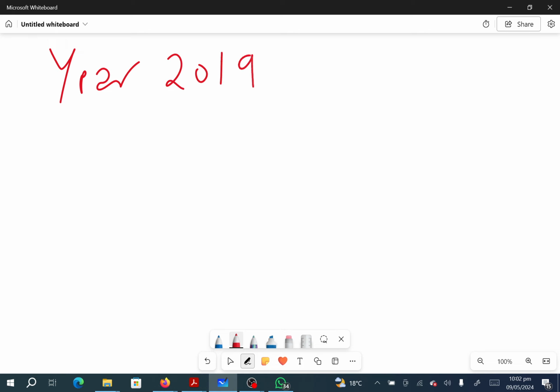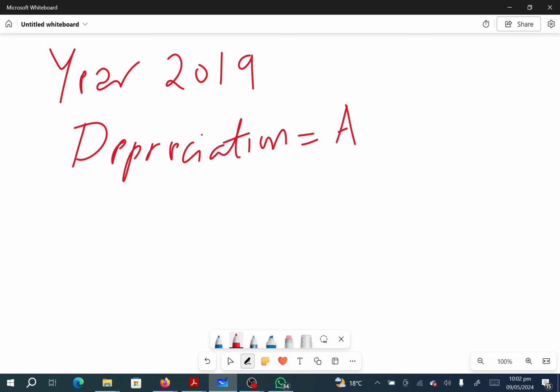From the formula I've given you, depreciation is equal to asset book value, which I've abbreviated, multiplied by the depreciation rate.